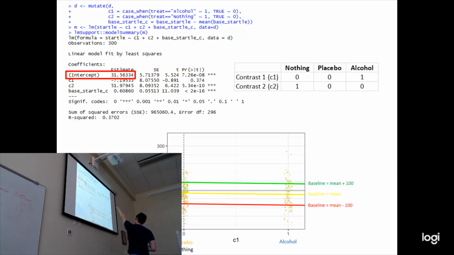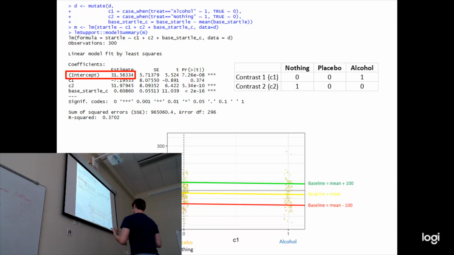But notice the average value across nothing, placebo, and alcohol is a third, as is the average value across C2. So for both C1 and C2, if you take the average of those three numbers, you'll get a number that's not zero.